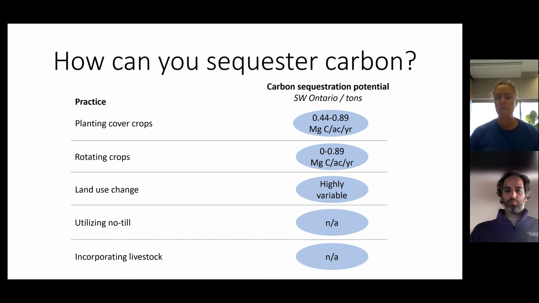The last one we have up here is incorporating livestock, and similarly, we've put not applicable or not available because there's just such a variety of ways you can incorporate livestock, and the research just doesn't exist for all those different scenarios and how much carbon is potentially sequestered.